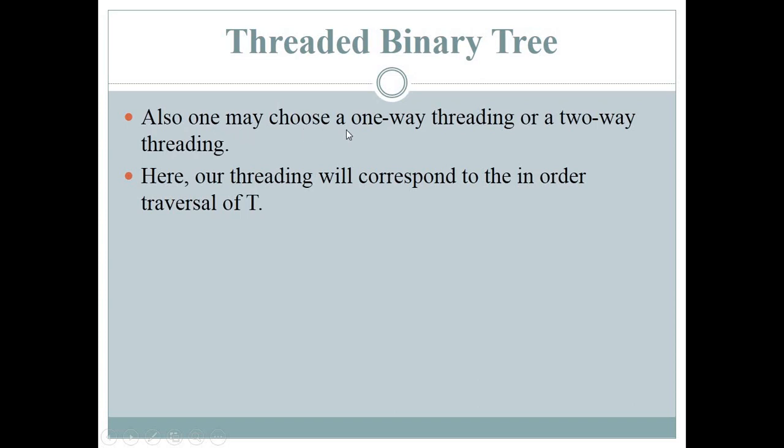There are two threading types, one-way threading and two-way threading. Here our threading will occur according to the in order traversal of the tree. So for our threading, the in order traversal is a must. We will do the procedure from the in order traversal of our tree.